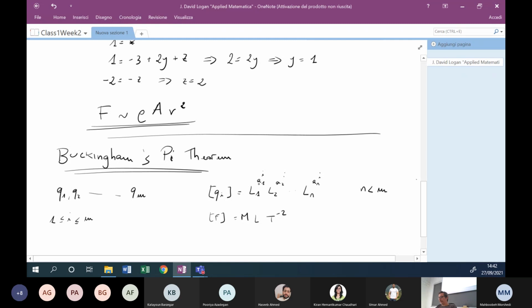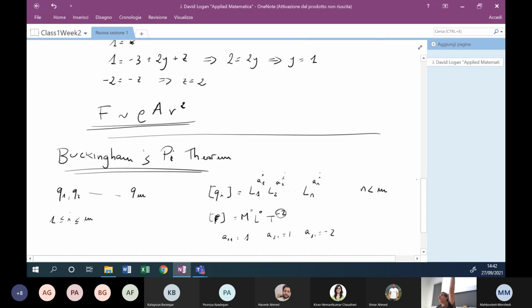So, for example, suppose that F is my q1, then I know that A11 is going to be equal to the power of m, so it's going to be equal to 1. A21 is going to be equal to the power of length, which is again equal to 1, and A31, which is this one here, is going to be equal to the power of time, which is minus 2.